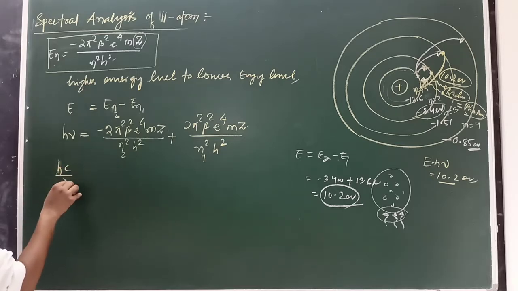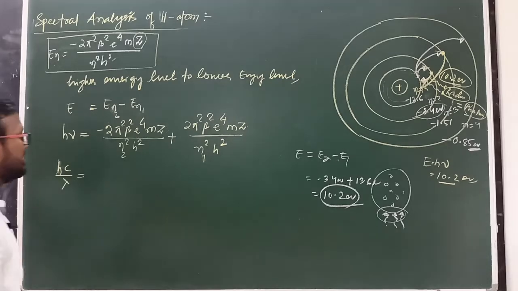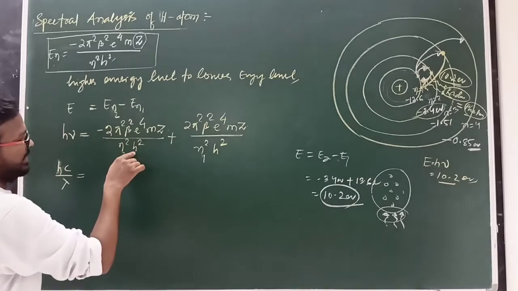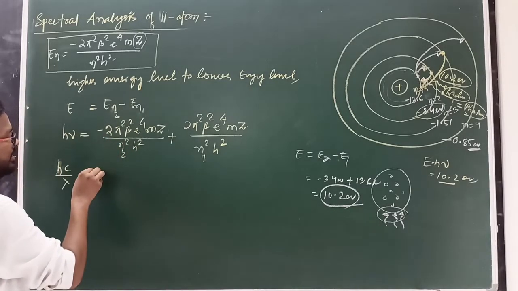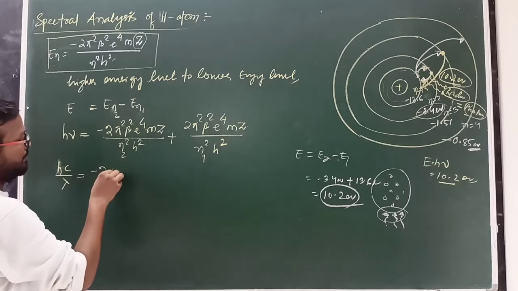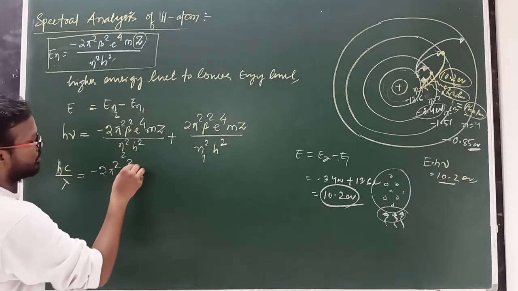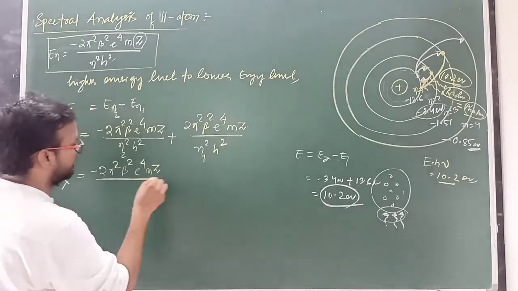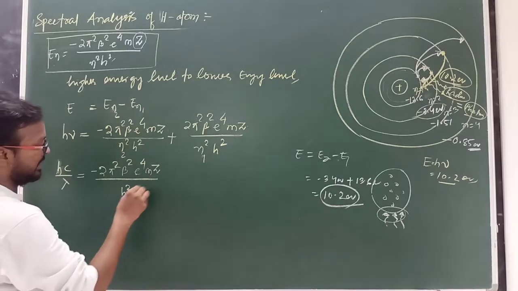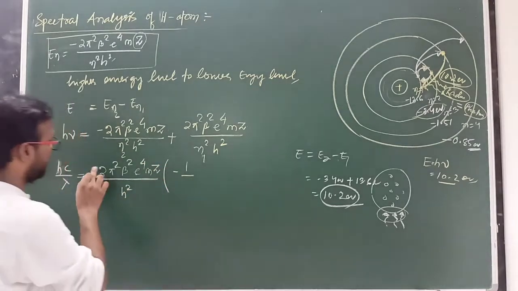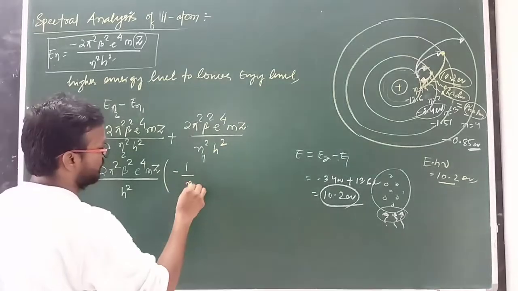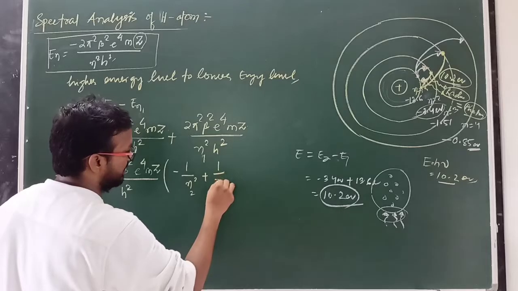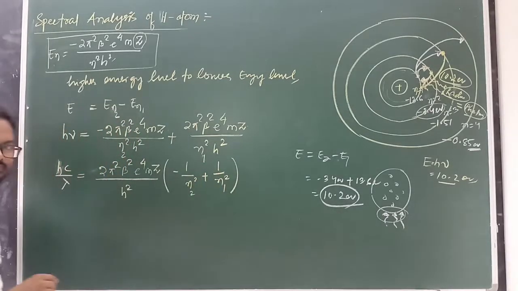So hc by lambda is another form of energy, and all the other quantities are constant, so we can take the common relation, minus 2 pi square beta square e to the power 4 m z divided by h square, then the remaining term is 1 by n2 square minus 1 by n1 square.